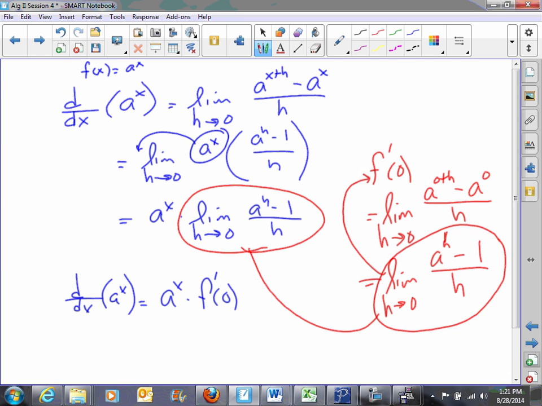Now, from here, we say, okay, now what are we going to do? Let's define, and actually you've been told what E is before, but now we're going to actually make a definition.